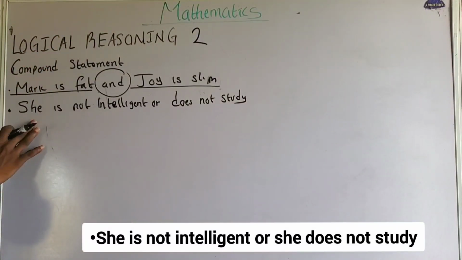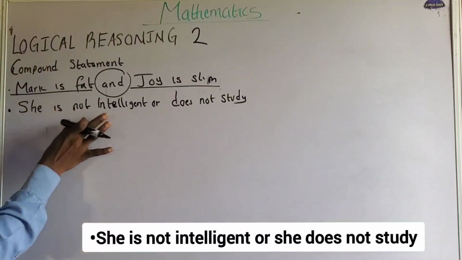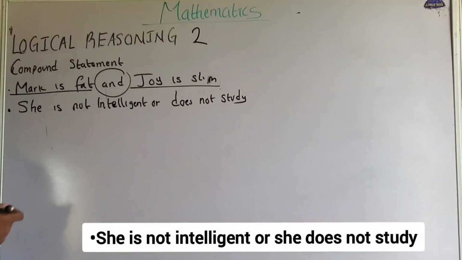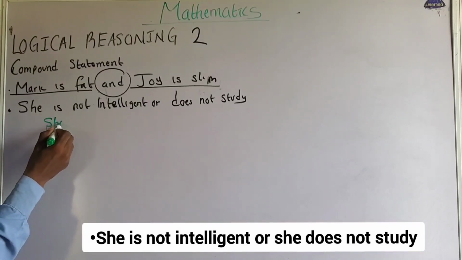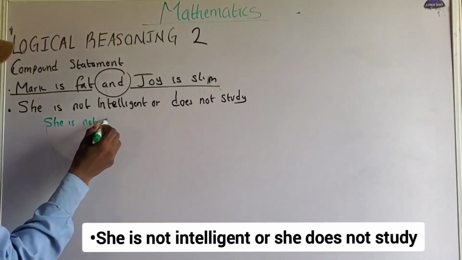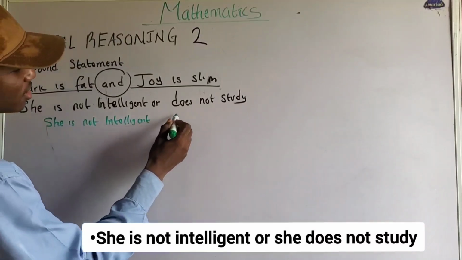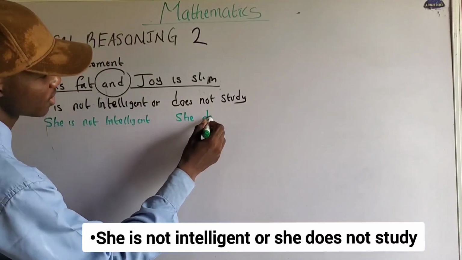If I want to break this statement into two, I can write it as: she is not intelligent, she does not study. Do you understand? Now, we have simple statements. She is not intelligent. She does not study.